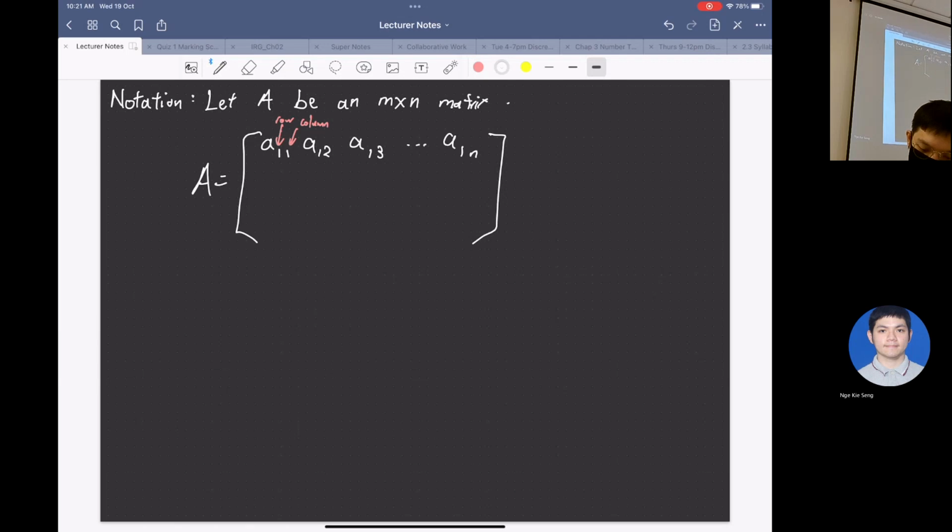The next row is A21, A22, A23, and then A2n. And so on, you will reach Am1, Am2, Am3, then Amn.